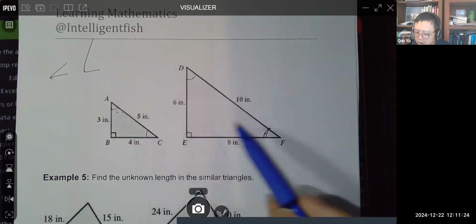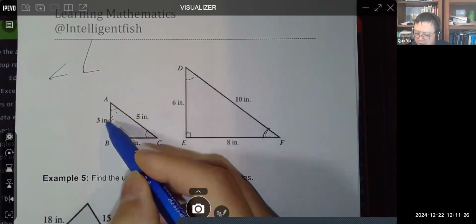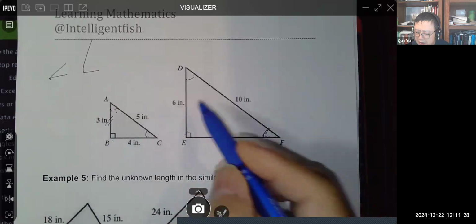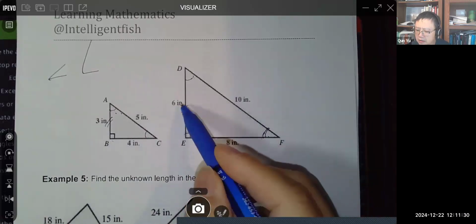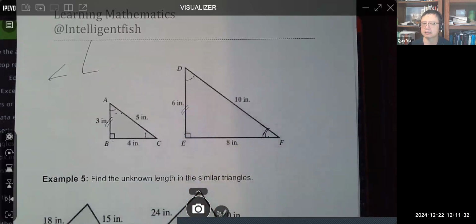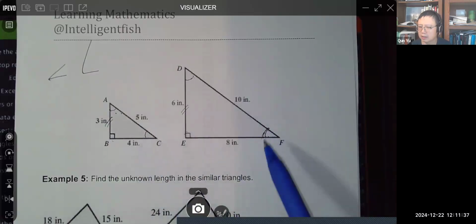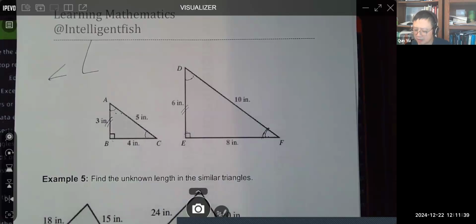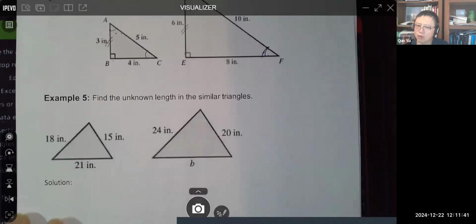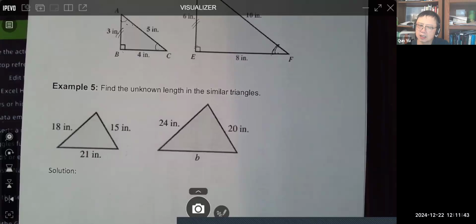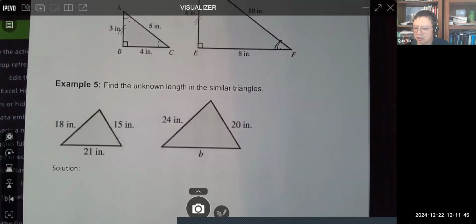If these two angles are equal, then this side that measures 3 inches long and this side that measures 6 inches long are called corresponding sides because they correspond to these equal angles. Now let's look at an example to see how to set a proportion to solve for an unknown side in similar figures.